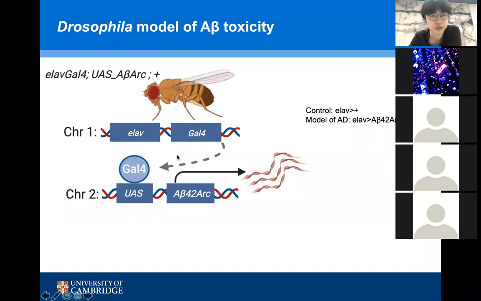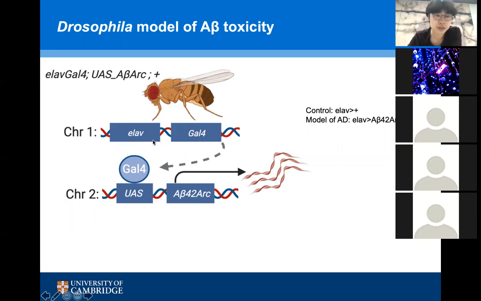So my work first uses flies as a model organism. Briefly, how I modeled this accumulation of toxic amyloid beta is by using the GAL4-UAS system. The GAL4-UAS system is basically very simple.